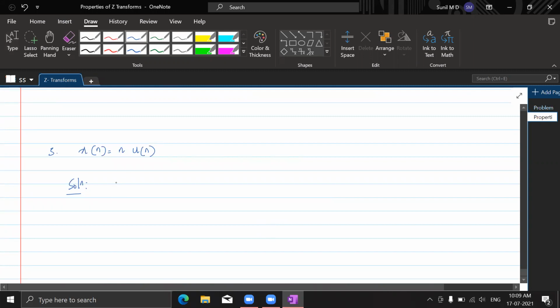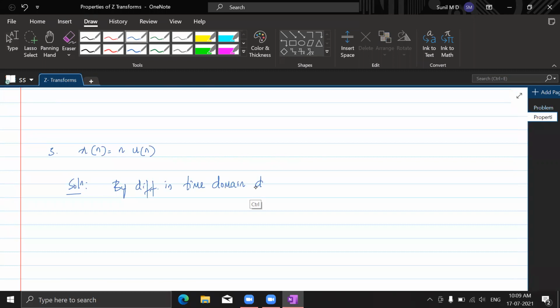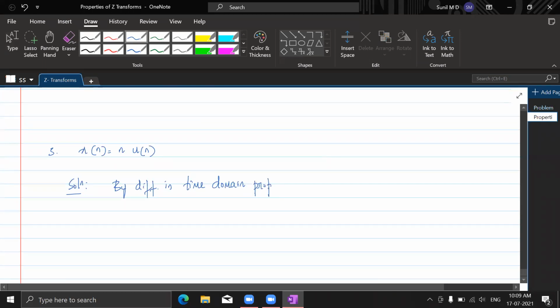So by differentiation in time domain property, we have this Z transform of n x of n is given by minus z d by dz of x of z. So this is by time domain property.